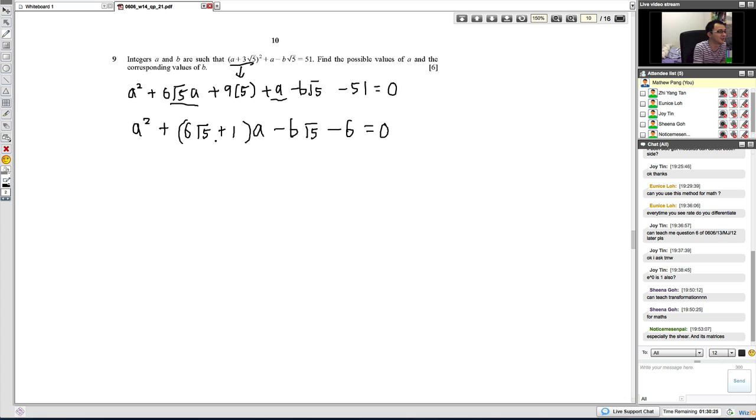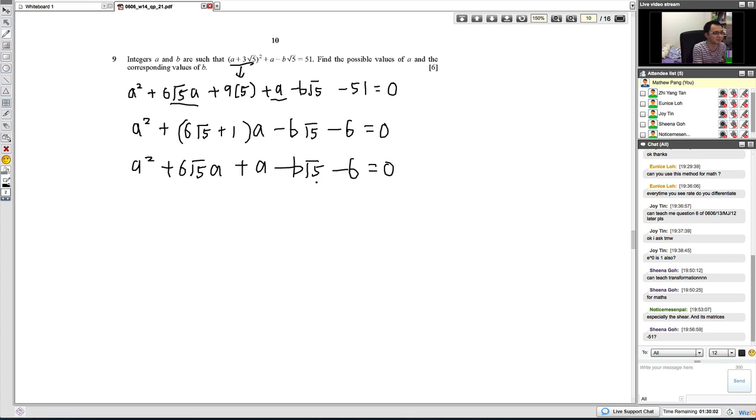I'll expand first: plus 6 root 5 a plus a minus b root 5 minus 6 equals 0. So what I will do is, whatever has root 5 and doesn't have root 5, we only have both. For the ones that don't have root 5, you can move whatever you like. Negative 51 plus 45 already, so I get negative 6.